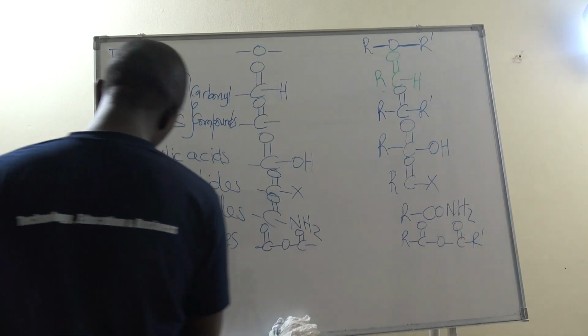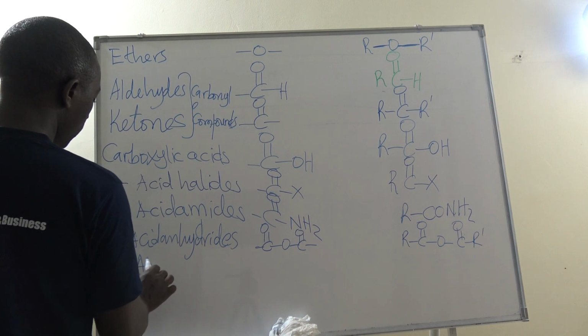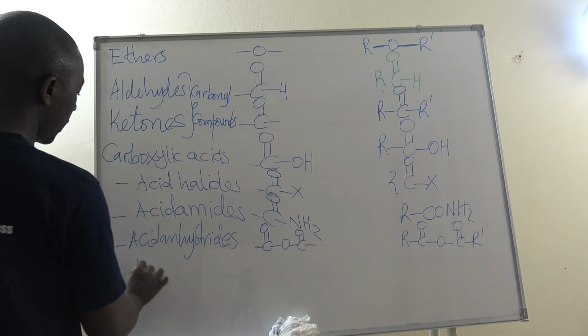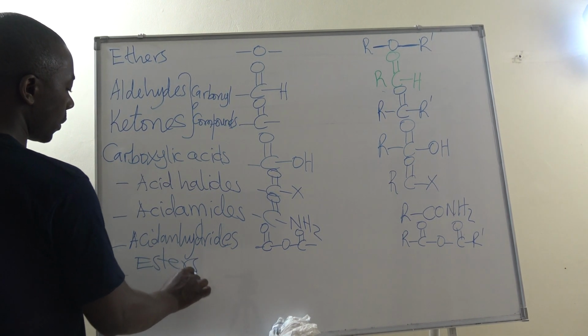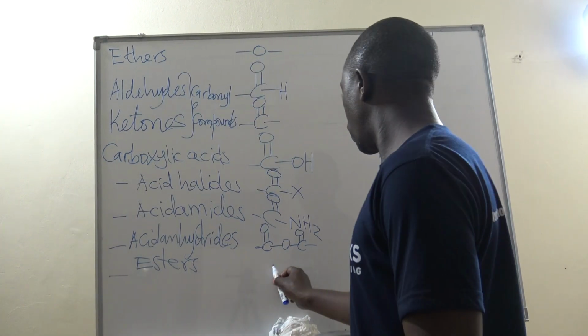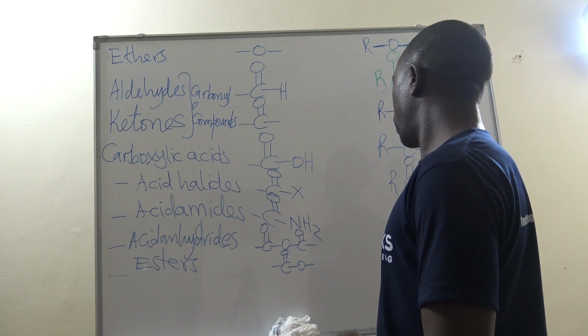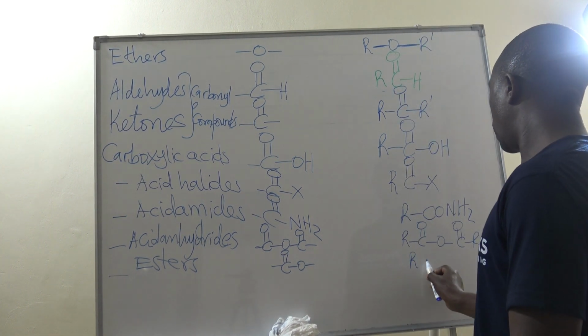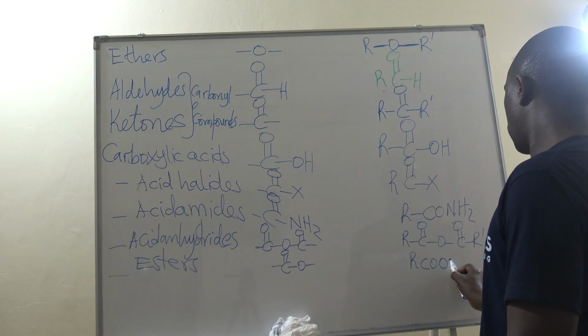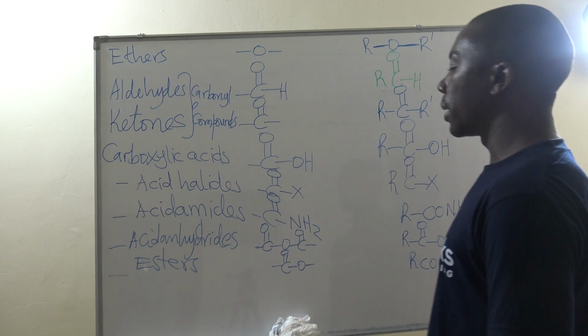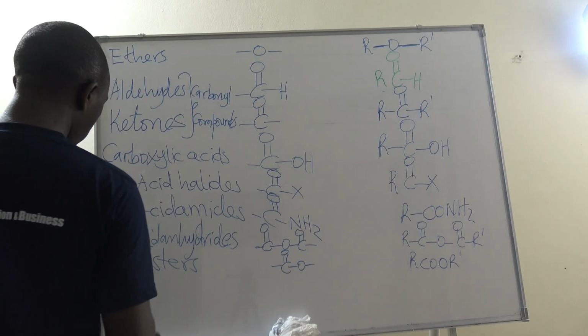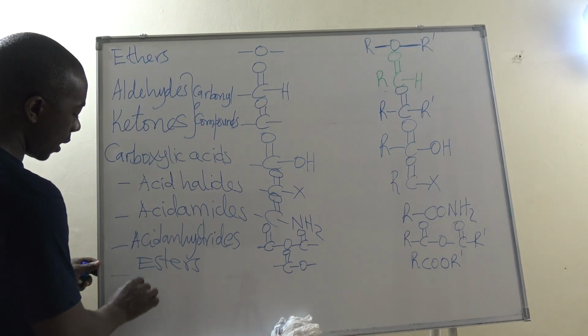Then from there we go to esters, before amines. Esters have a functional group, and an example could be R, like that.